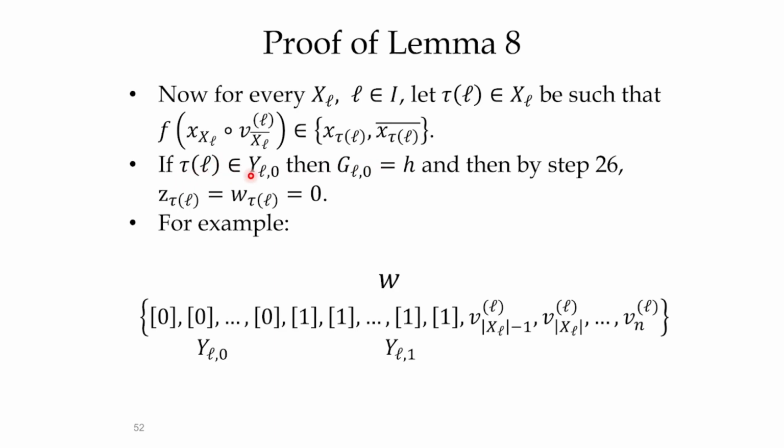If tau of L is in capital Y L0, then G L0 equals H. And then by step 26, Z tau L is equal to W tau L, which is equal to 0.